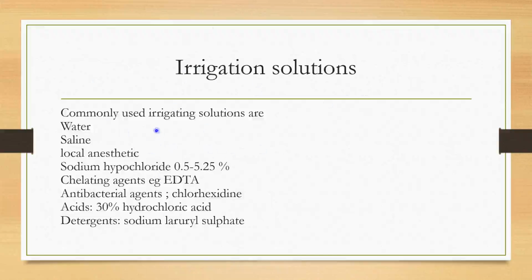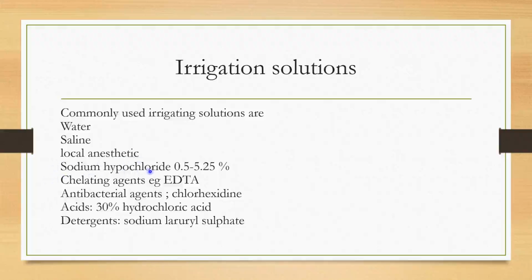So the commonly used irrigation solutions are water. You can use water if it's clean. Saline, this is water with salt. That's normal saline. It is water plus sodium chloride. And then local anesthetic can also be used.